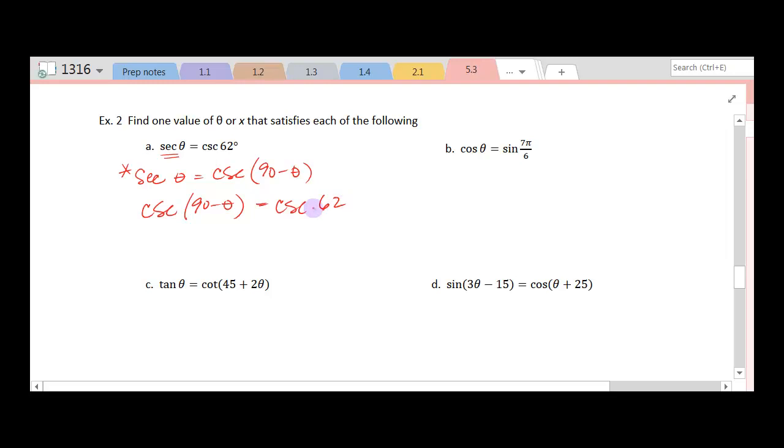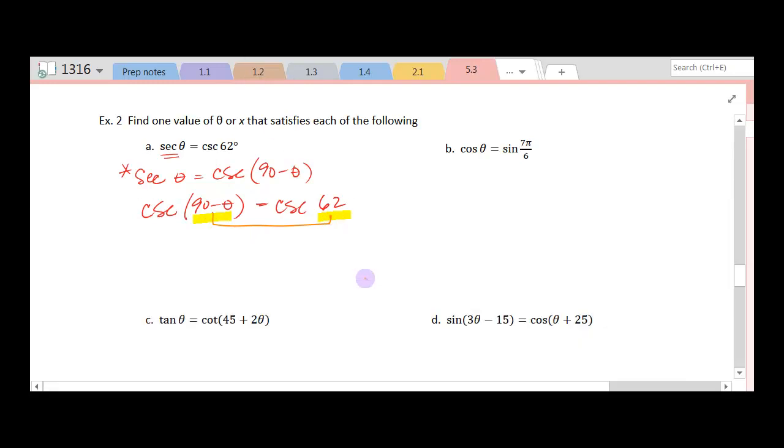What that says is that the cosecant of some angle has to be equal to the cosecant of the same angle. So we are making an equivalent statement between these two angle measurements that we can then set equal to each other and solve.